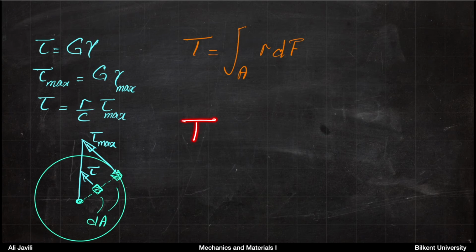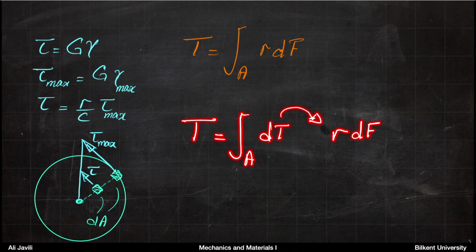the torque, the total torque that you have on a cross section, you can imagine is the integral of dT, and then dT in that relation is r dF. So it's exactly the moment due to each incremental force.